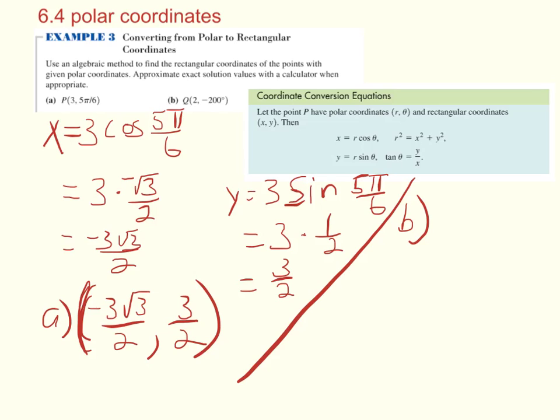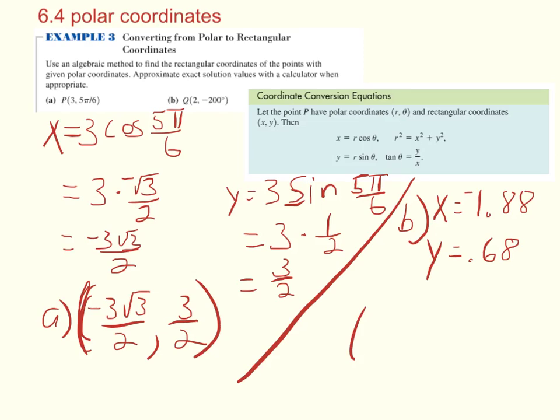Doing that with my calculator, we get the x value equals negative 1.88, and the y value will be 2 times the sine, which should be about 0.68.